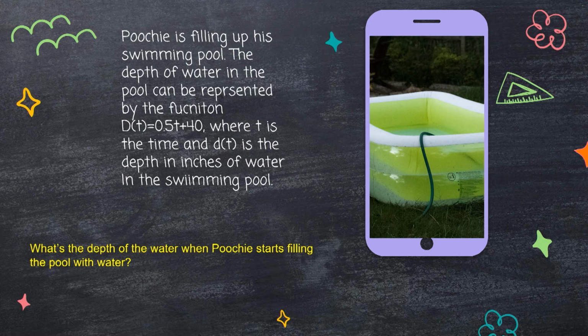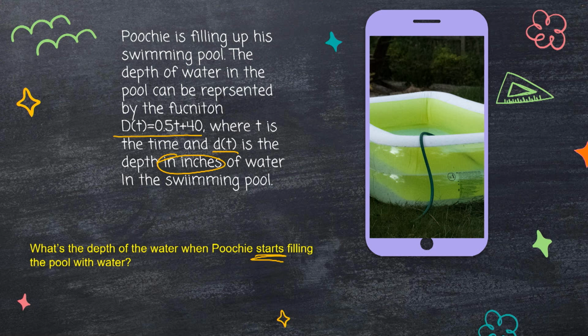So let's go back and annotate my passage. He's filling his pool, and t is the time and d of t is the depth in inches. That is going to be important. Then it says how much water was in it when he starts.